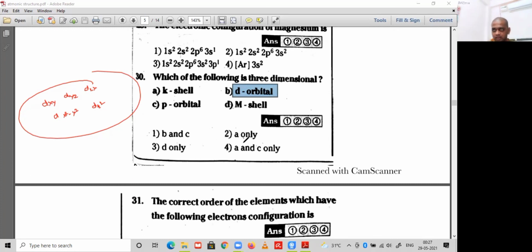The options are B and C, only A, only D, A and C. Coming to the P subshell, Px, Py, Pz is also three-dimensional. So options B and C, option 1 is the correct option.